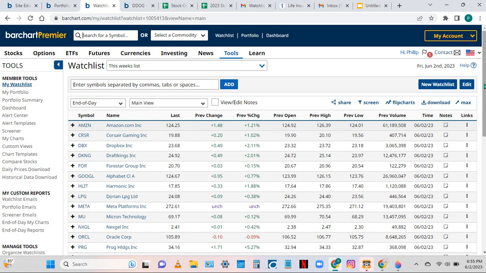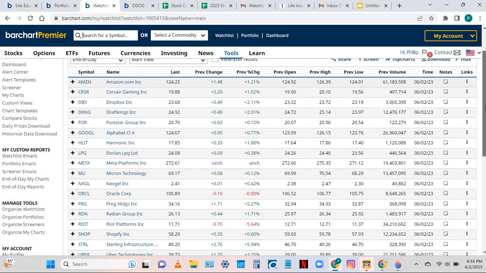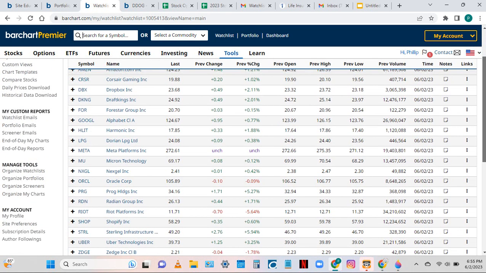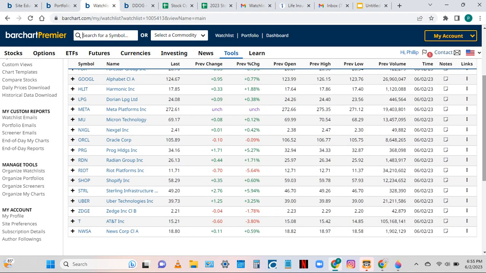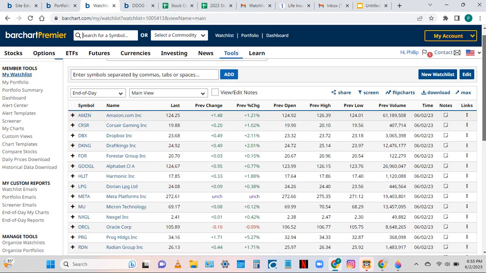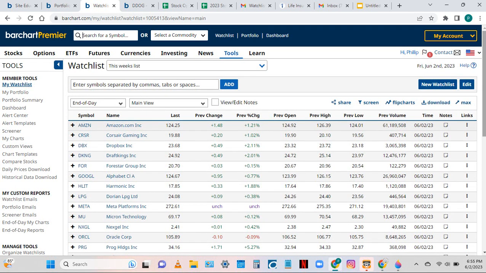We just closed out the month of May, and this is what I've got left going into June 2023. So it's only 21 names. That's where I'm going to start my investing or trading coming up this week, going into the first week of June. That's it. I don't need any more. I've got enough here to look at.